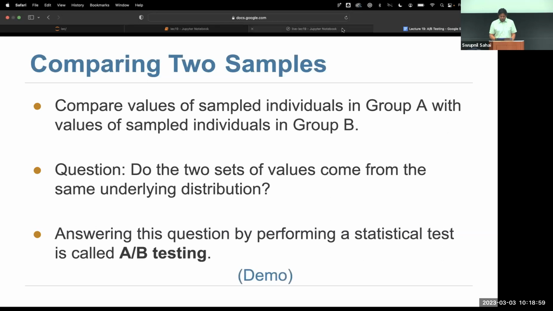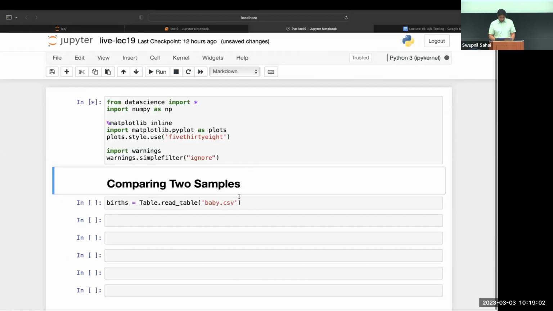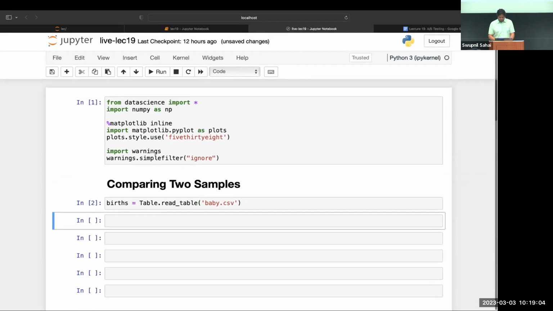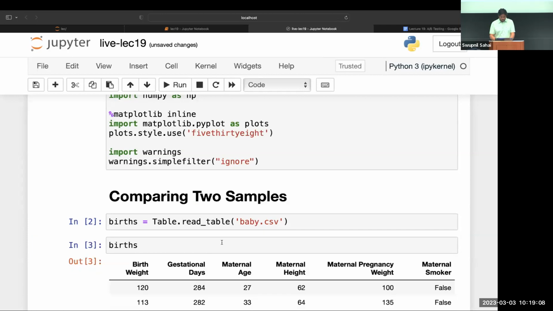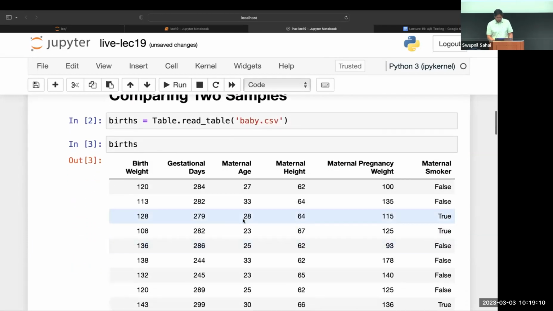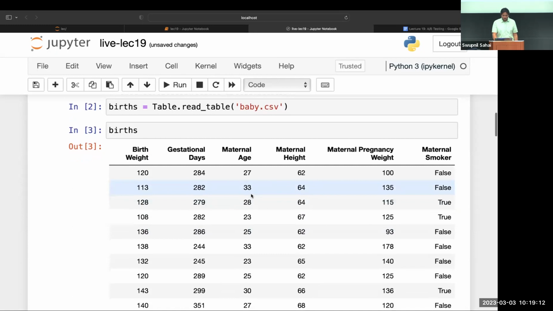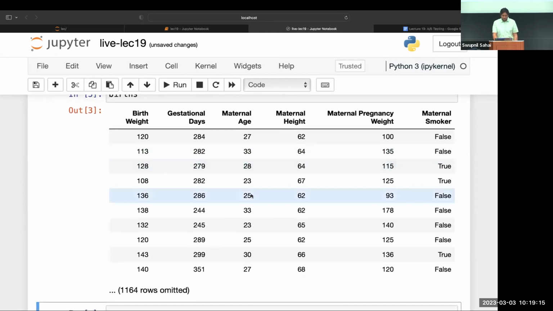So let's take a look at the data set. We're going to read this in here, and then let's actually take a look at what this has. For today's example, we have a data set on a bunch of babies from a hospital, and we have several variables that we can observe about them.